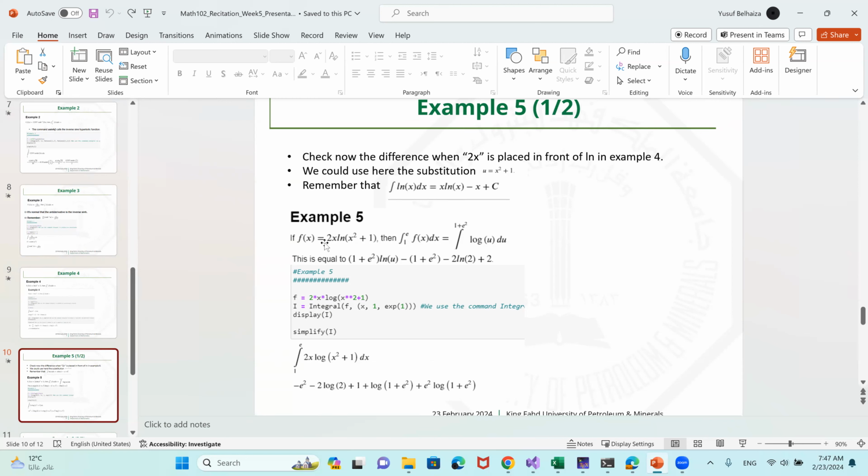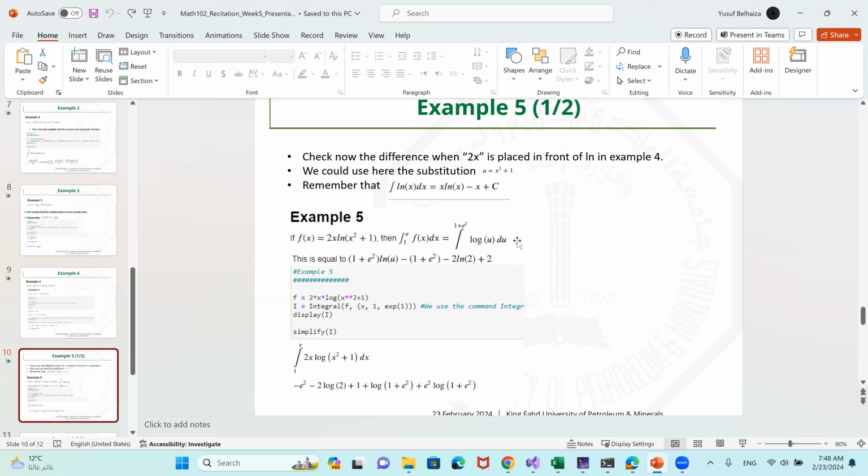So if we assume that f of x in our example 5 is 2x ln of (x squared plus 1), then the integral from 1 to e of f of x, if we perform the substitution, u will start from 1 squared plus 1, which is 2, because x starts from 1, and go to 1 plus e squared. So that's written in terms of u.